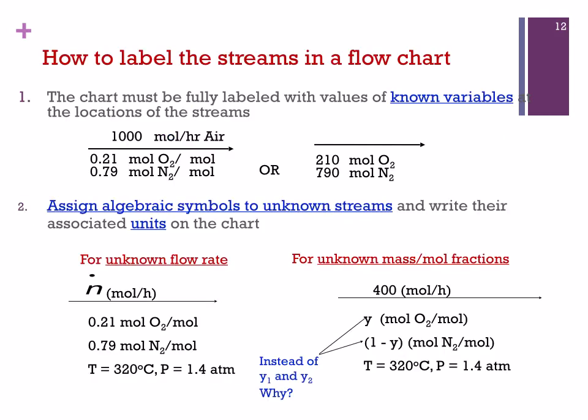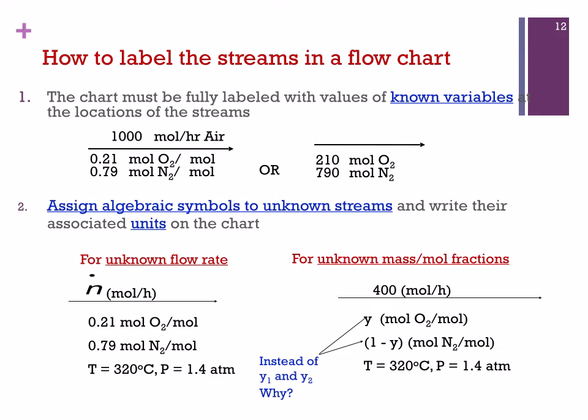So next, I will explain how to label the streams for the flowchart. There are two conditions. One, if we have known variables for the streams, we have to put in the values of the known variables.